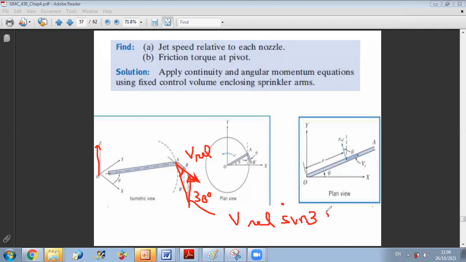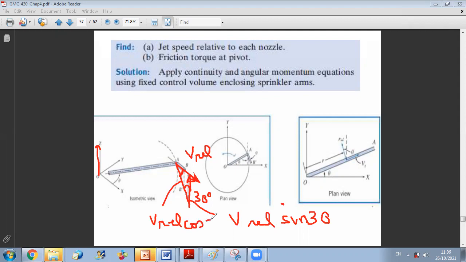Now you still have to find the components of the outlet relative velocity in the XY plane. To do so, first you project this velocity along the horizontal plane. This projection is equal to V relative cosine alpha, and alpha is 30, so it's V relative cosine 30.